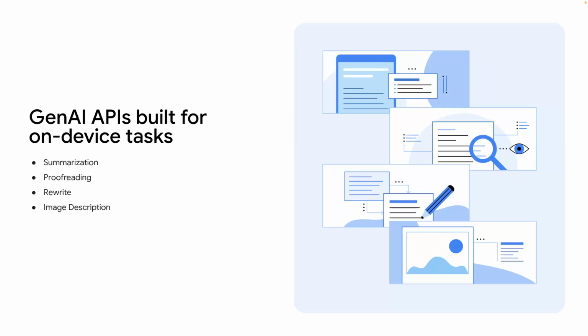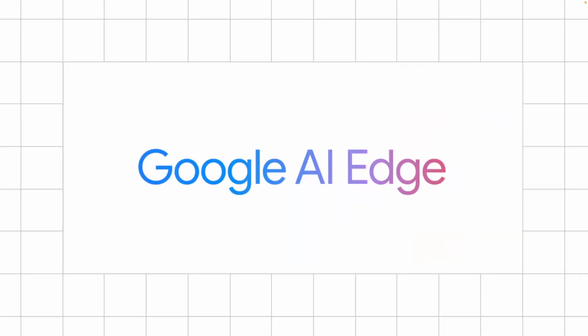You can provide image description. And besides this API, they also provide a set of tools and libraries that can help you bring your own custom model to Android. So you can use MediaPipe, you can also use LiteRT, which was TensorFlow Lite before.